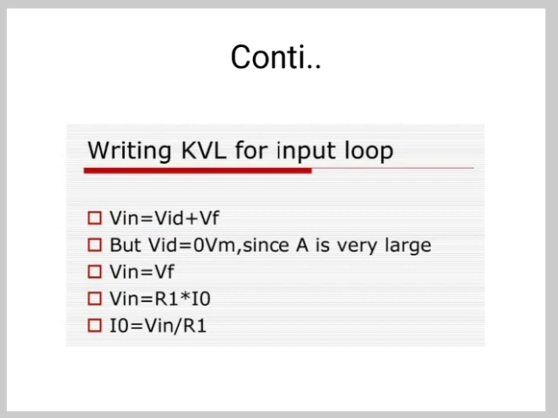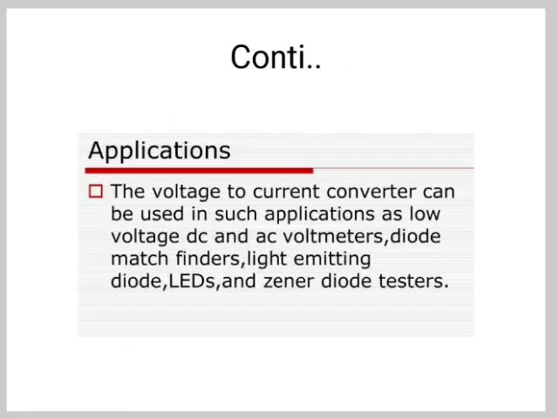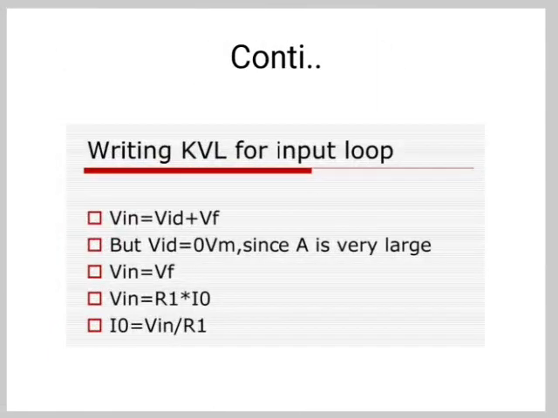So I0 is equal to Vin by R1. Now the input voltage Vin is converted into output current of Vin by R1. In other words, the input voltage appears across the R1. If R1 is a precision resistor, then the output current I0 is equal to Vin by R1 and it will be precisely fixed.